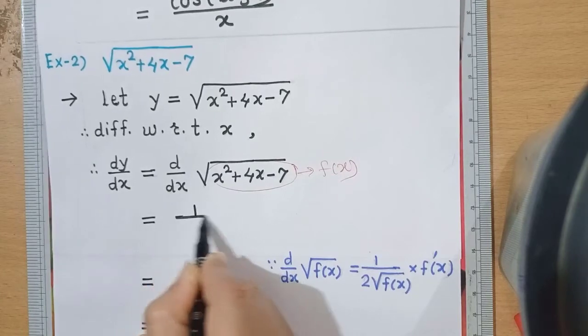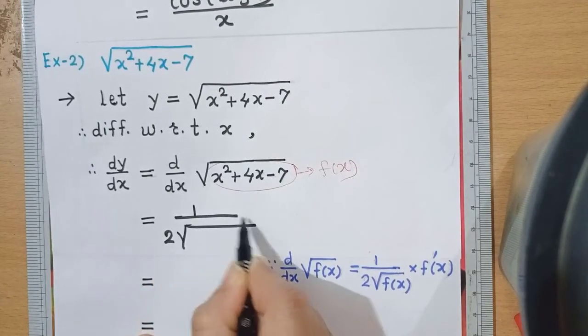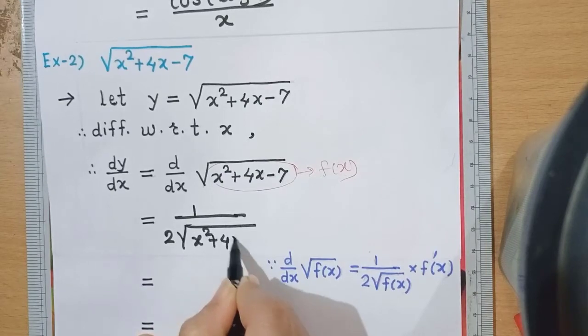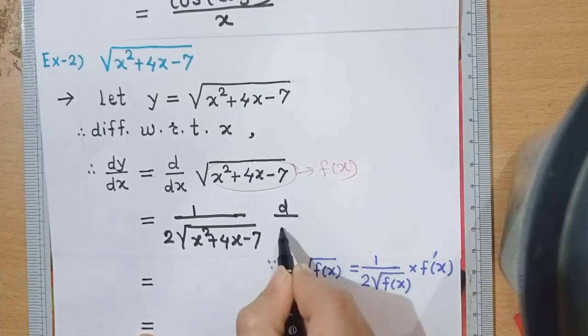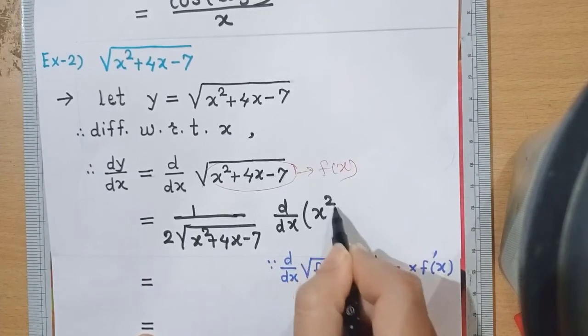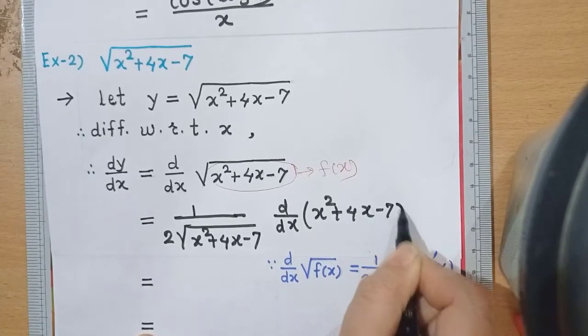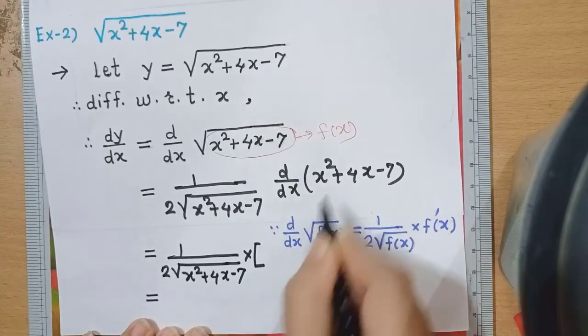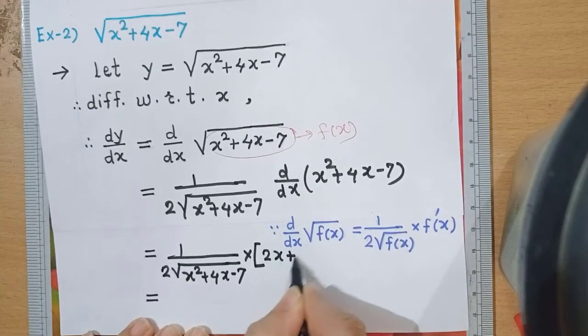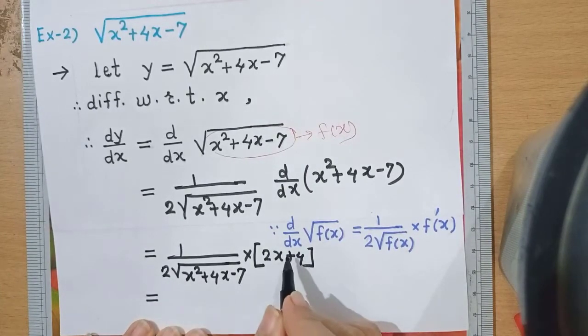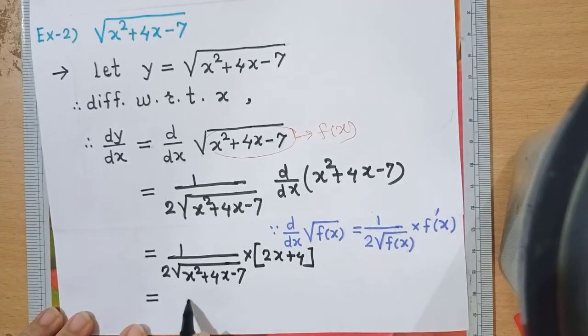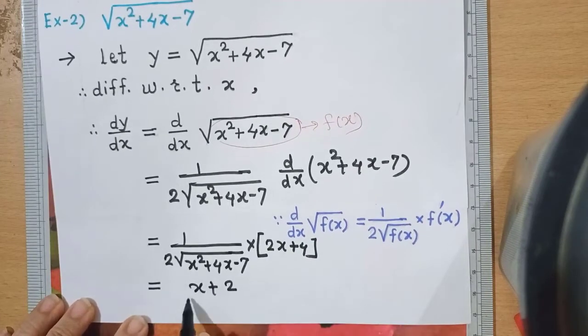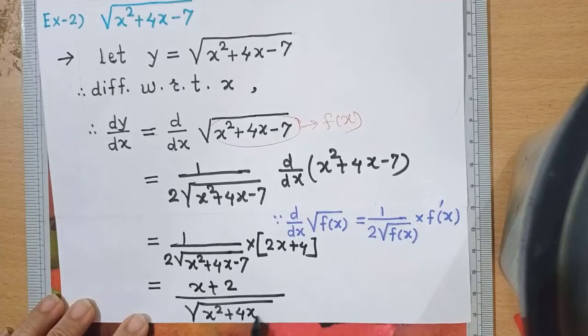So here 1 upon 2 root of x square plus 4x minus 7, and again the derivative of x square plus 4x minus 7. Now find the derivative: this term is 1 into its derivative is 2x plus 4. Now divide by 2 here. So we have the final answer x plus 2 upon root of x square plus 4x minus 7.